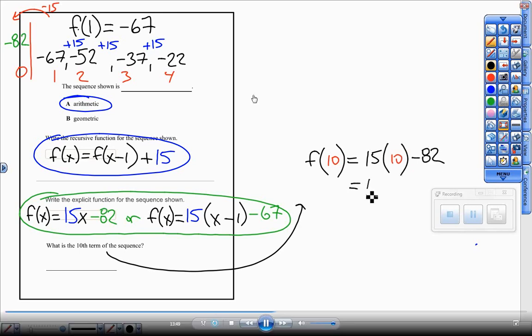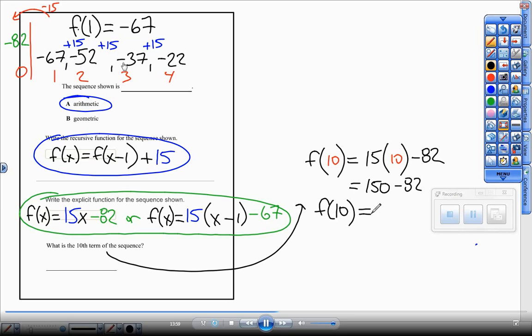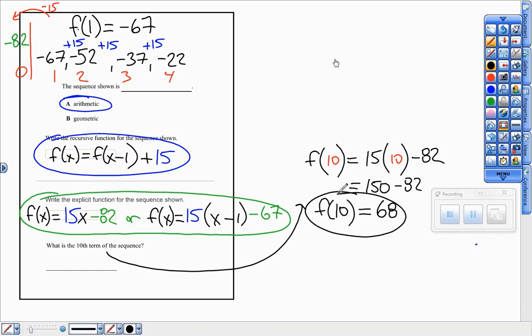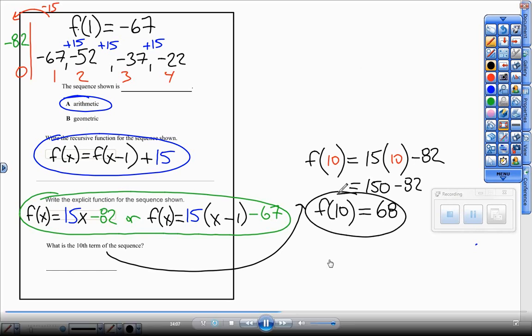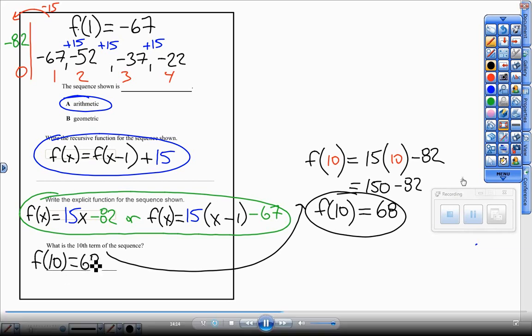Gives me 150 minus 82, which shows me at the 10th term, following this pattern, it's going to go down, down, down, down, then start go up, up, up because you keep adding 15. Gives me 68. All right, so this one, the 10th term, is 68. Show this work.